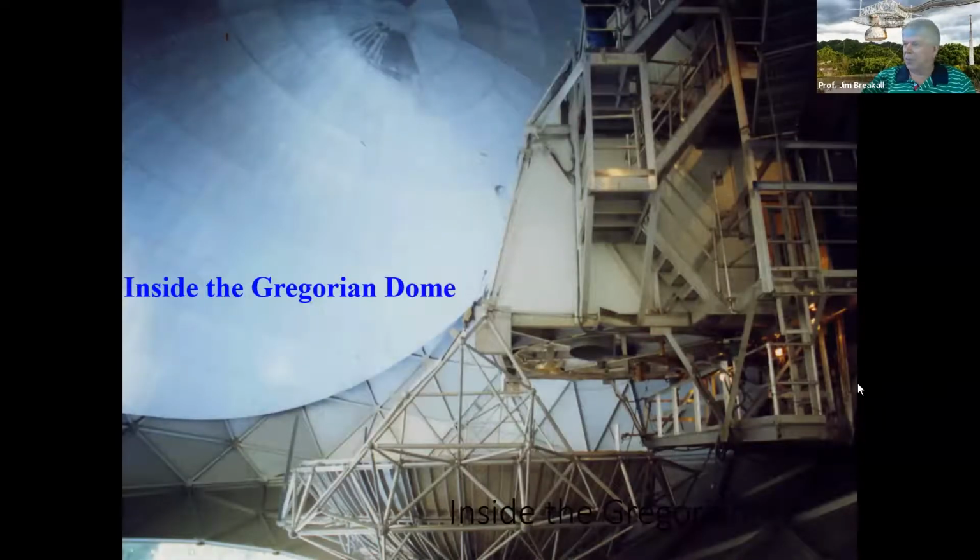This is just what the dome looks like. It's basically a 3-story building. There's the secondary, the tertiary, and you see the stairways and here's the bottom of the floor. And there's many antennas that are here, and this floor rotates, and these are the focal points right here.